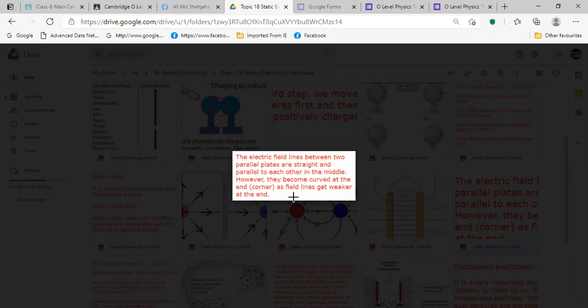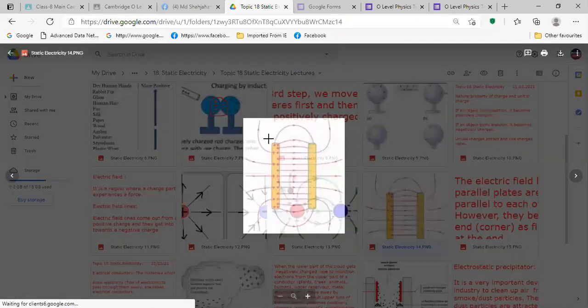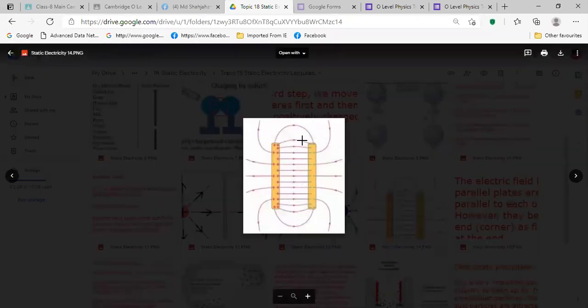However, they become curved at the end corner as field lines get weaker at the end. So you understood why they are becoming curved at the end. What is the reason? Because they get weaker. So you write the heading here, the field lines between two parallel plates.